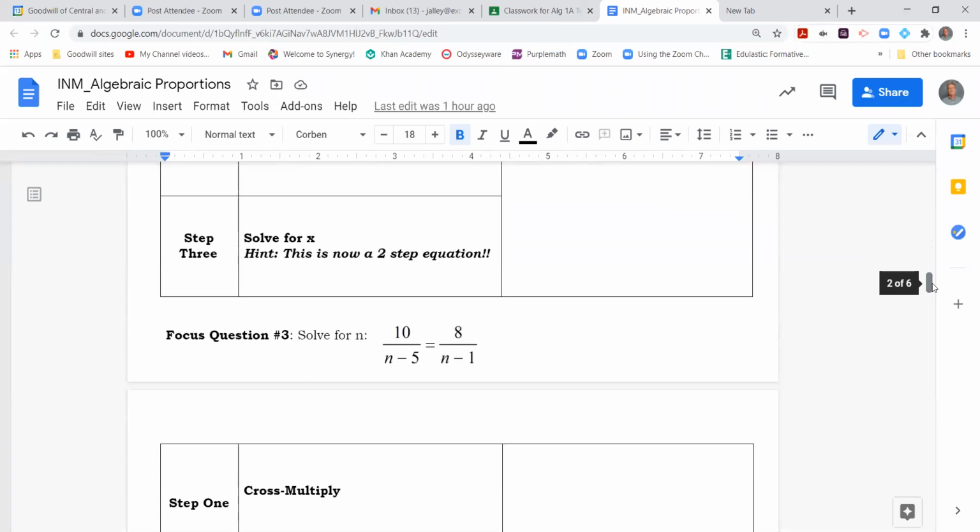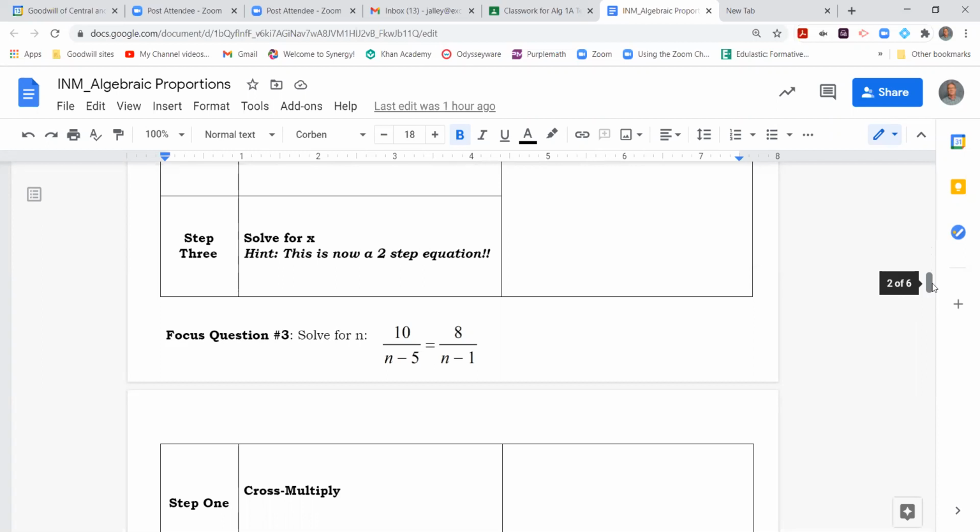All right, now looking at focus question 3. Twice as much fun. Maybe not. In fact, I'm sure probably not. And same process though, cross multiply. I got a quantity here.